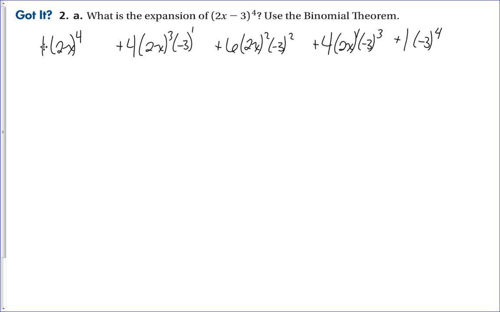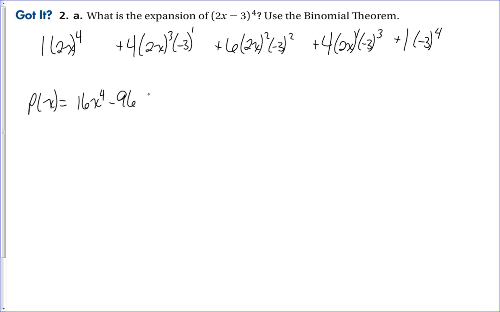Now we just got to simply do the math to get it simplified down. Well, this one isn't going to do anything, so 2 to the fourth is 16. So p of x equals 16x to the fourth. Now we move on to this one. 2 cubed is 8. 8 times 4 is 32. 32 times negative 3 is negative 96.